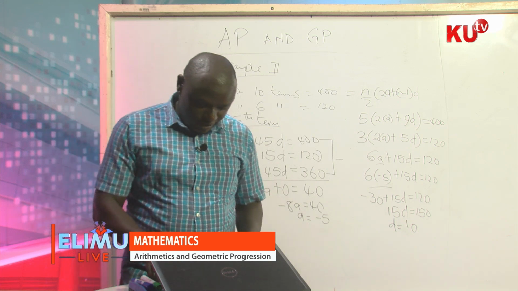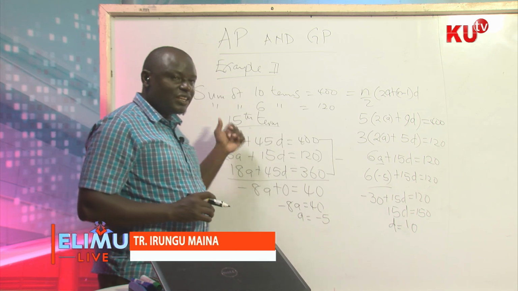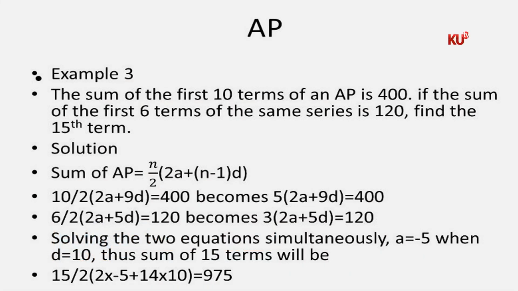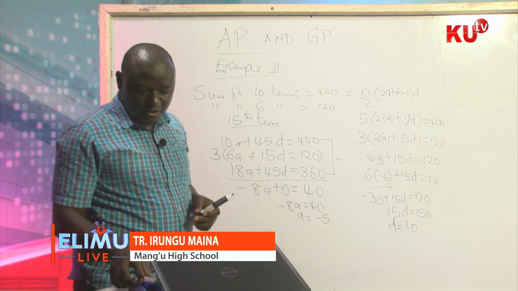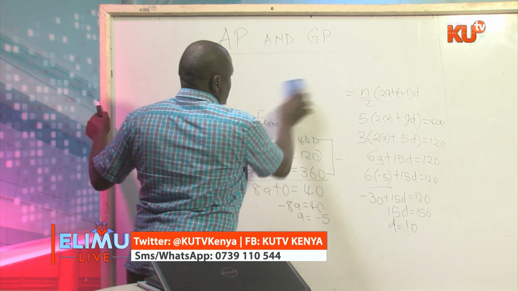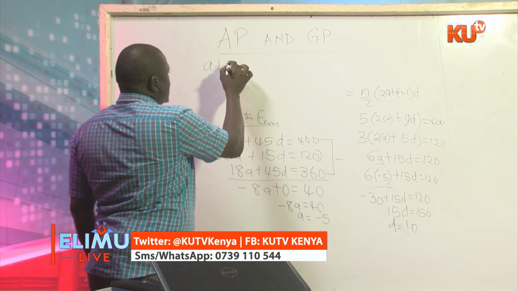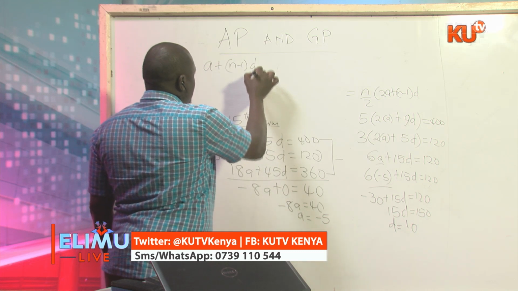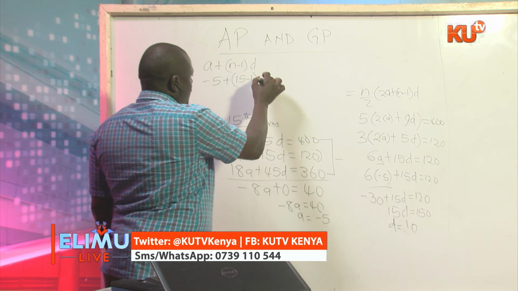Is that so? Yes. Now, what did the question want? They wanted us to work out the 15th term. Our A is negative 5. Our D is 10. And the term they want is the 15th one. The 15th term shall be A plus n minus 1 of D. Our A is minus 5 plus 15 minus 1 of 10.